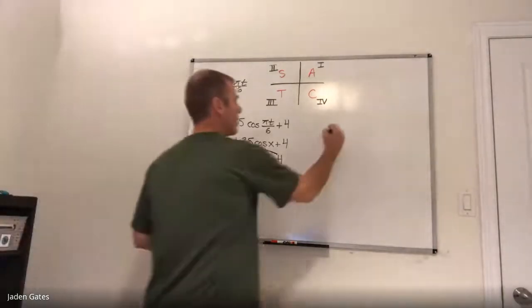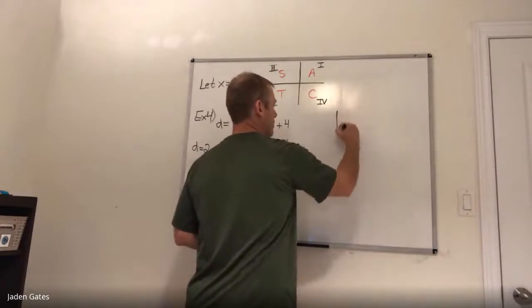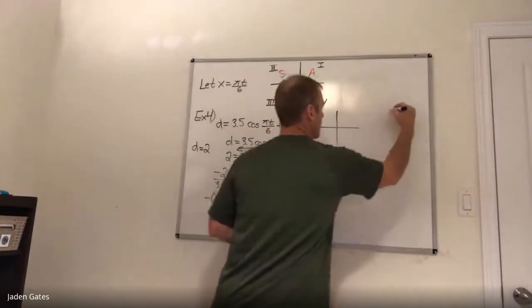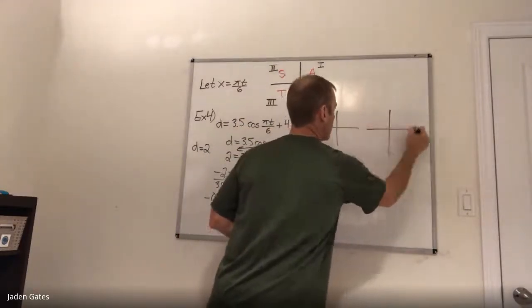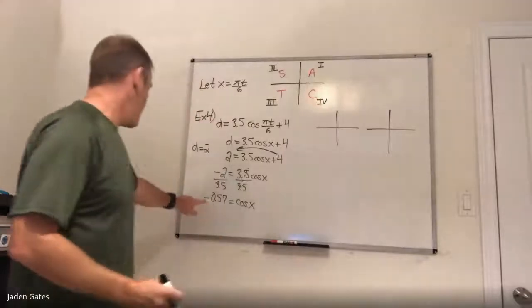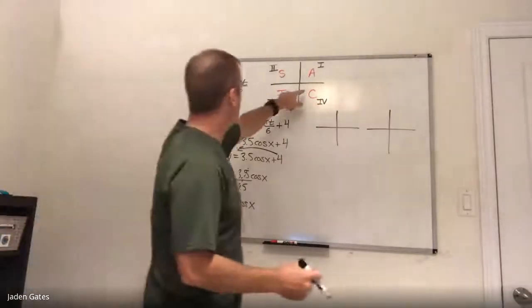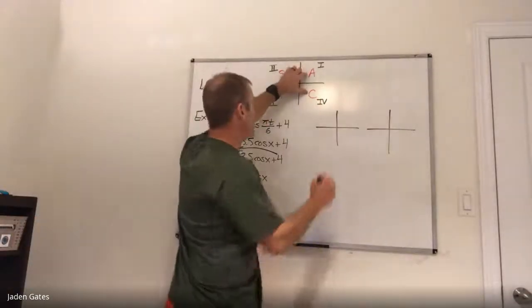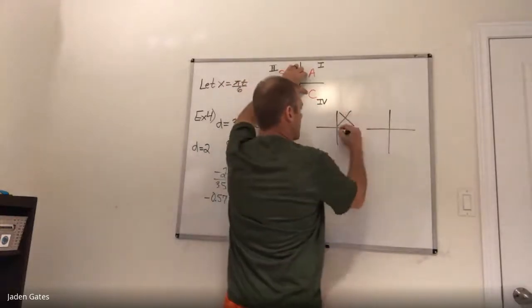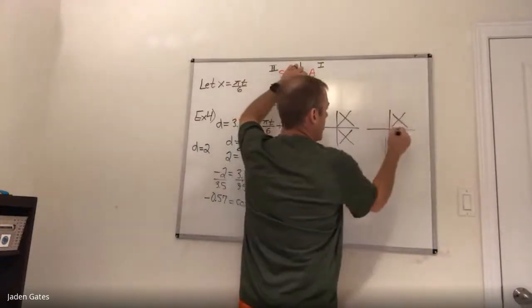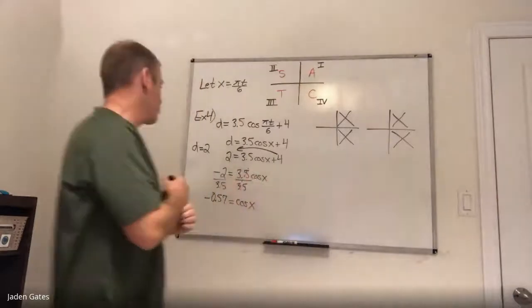So when I look at my possible solutions, when is cos negative? It's positive in the first and fourth quadrants, so those are gone. It's got to be in the second or third quadrant.